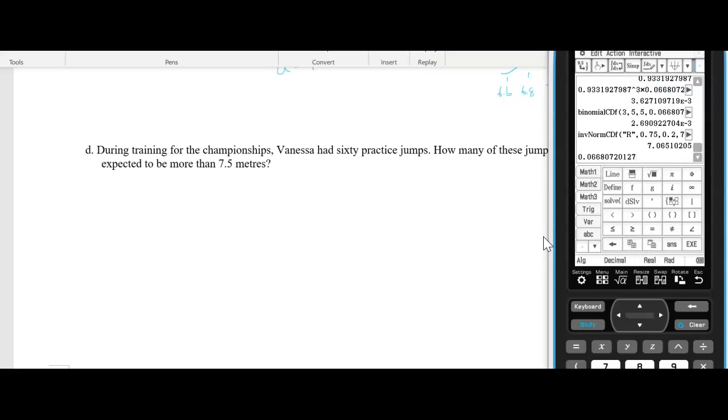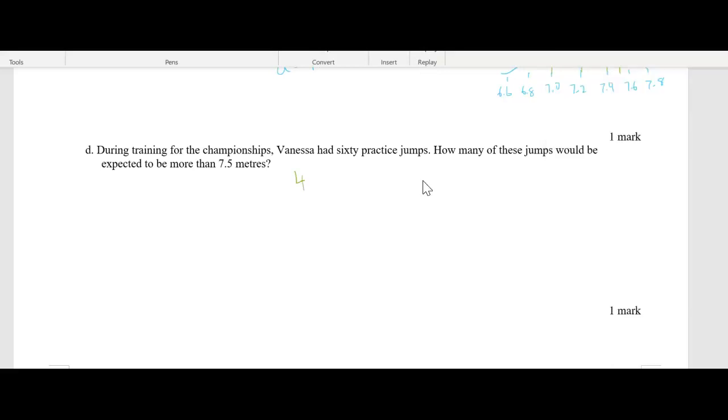If she's got 60 jumps, that is just the probability that she would get greater than 7.5, so we're just going to multiply that by 60. So 4 jumps. So 4 of those jumps you would expect to be more than 7.5 meters.